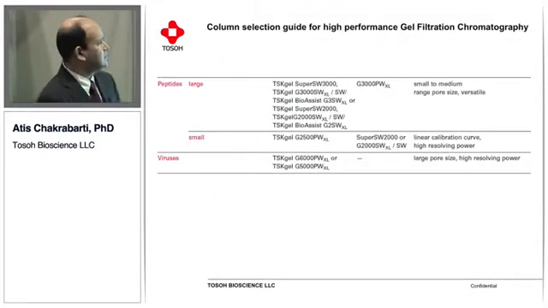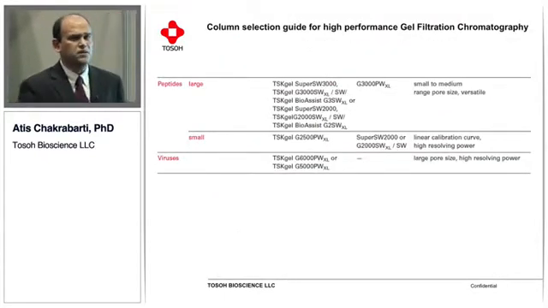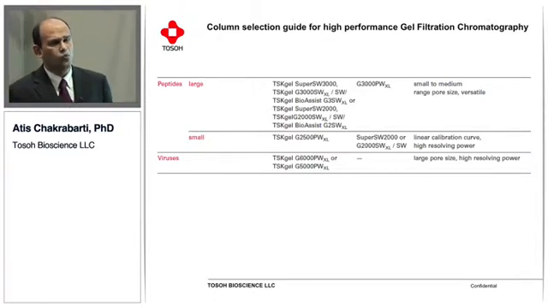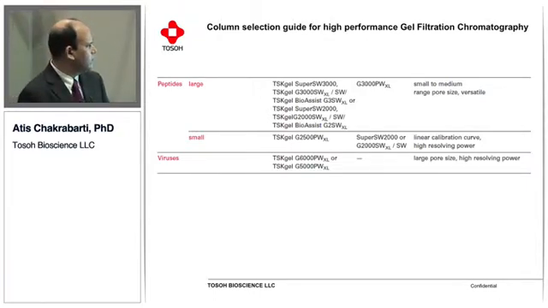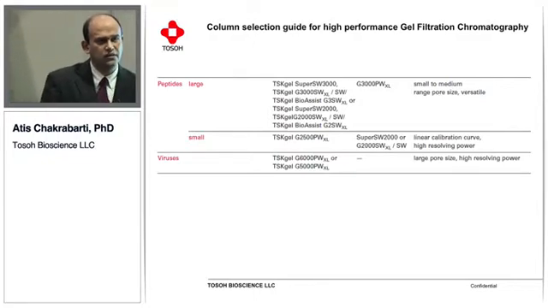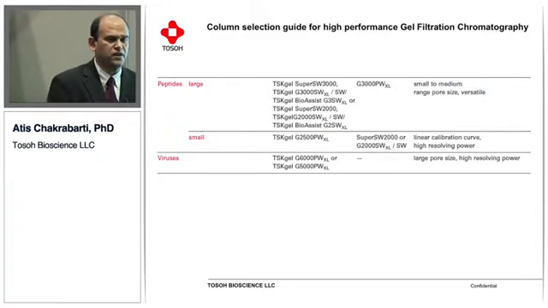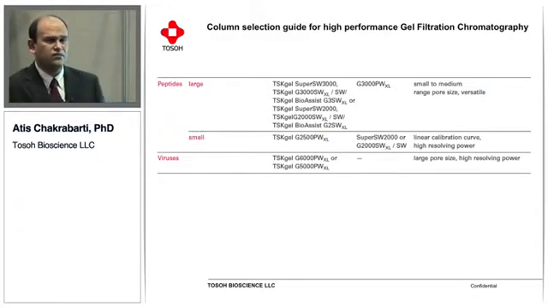Then it's a virus or it's a peptide. You can use this table to figure out what is useful for you. For virus and very large protein like IgM or so, generally we recommend 4,000 or 6,000. 4,000 is generally used for IgM, and for virus it is 6,000, 5,000 or so.